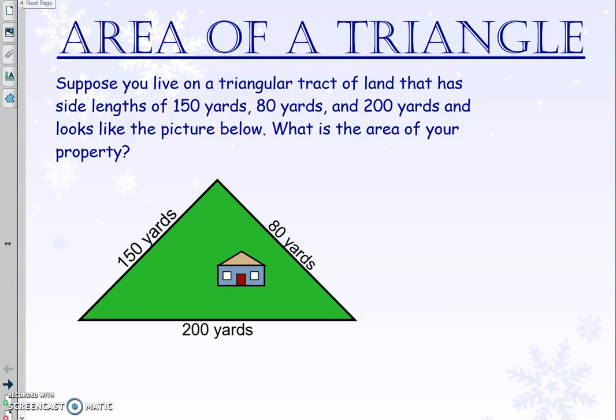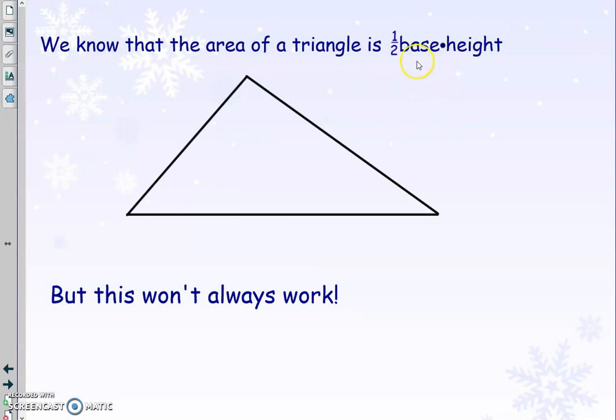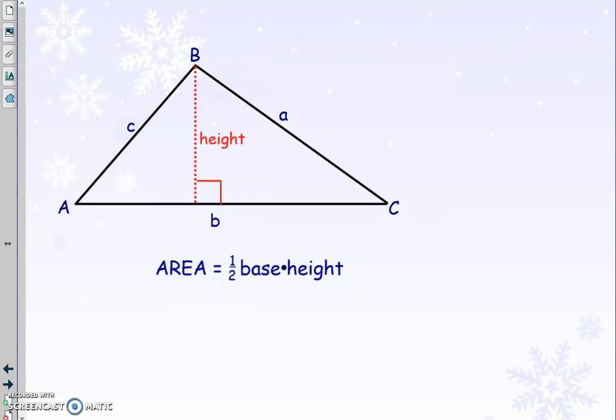So let's take a look at one of our first formulas. The one you learned in geometry is 1/2 the base times the height, and obviously you drop a perpendicular to one of the sides. It doesn't have to be the quote bottom side, but that would be the height in this case, and down here this would be the base. But that's not always the easiest formula out there.